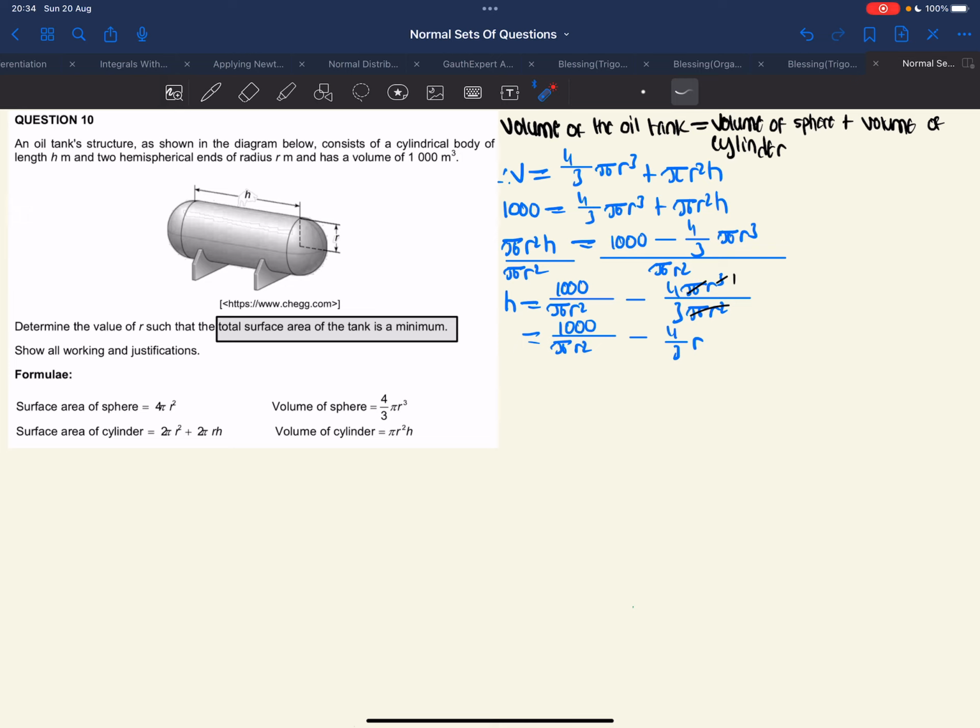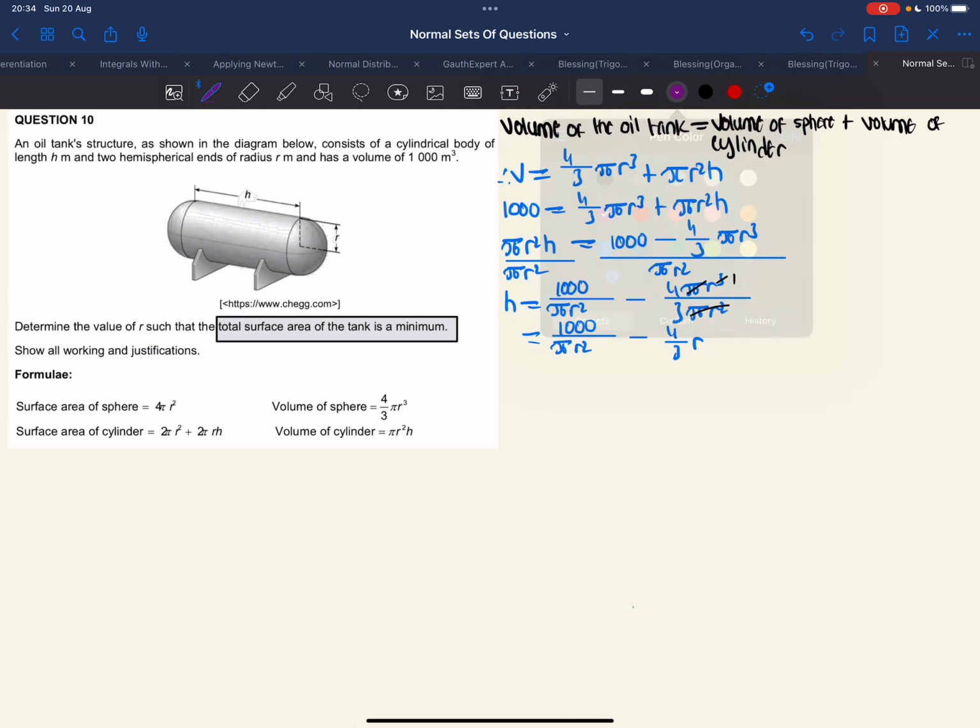Now remember, we are given that the surface area of a cylinder is 2 pi r squared plus 2 pi r h. What we're not going to use in that formula is the 2 pi r squared part, because those parts are covered by the hemispherical ends. So the only part we need is 2 pi r h.